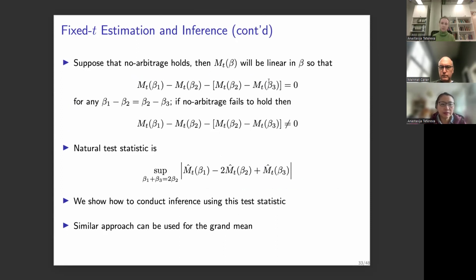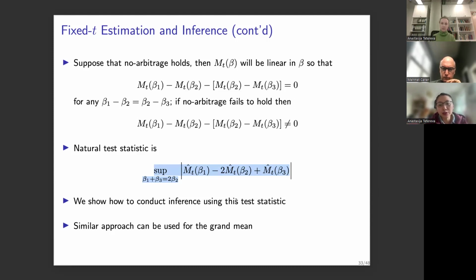A natural test statistic to test whether the butterfly trading strategy for a fixed month T can give you sufficient return is to consider such a supremum statistic. Then you need to construct uniform confidence intervals and draw the relevant statistical conclusions.